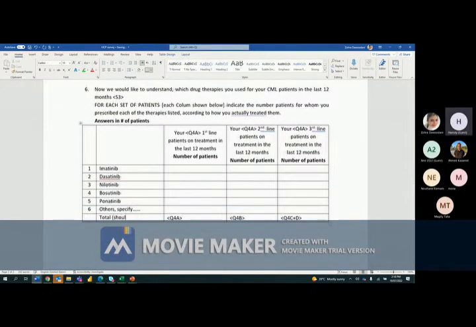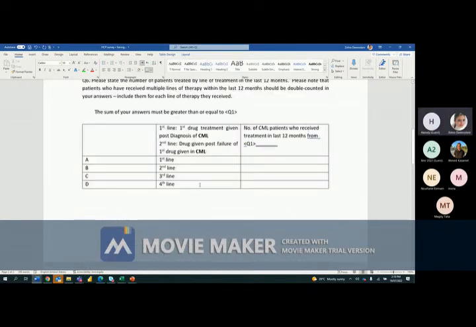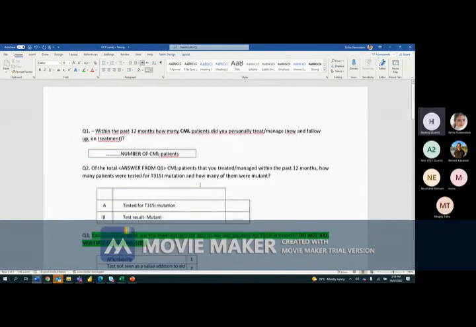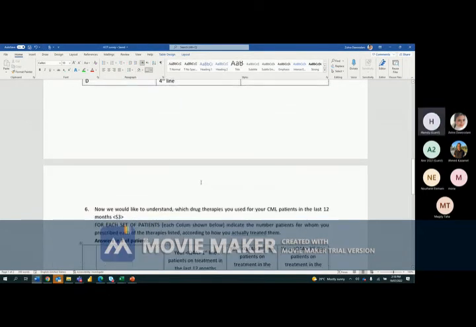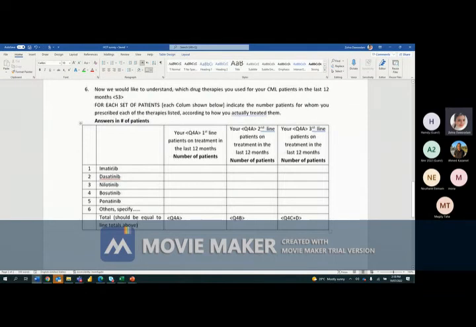Okay. And the patients and total number of patients having CML, all of them? Yes, usually all of them are taking either one of those drugs. Yes, yes. Okay. 99.9% are always taking these drugs. Okay.